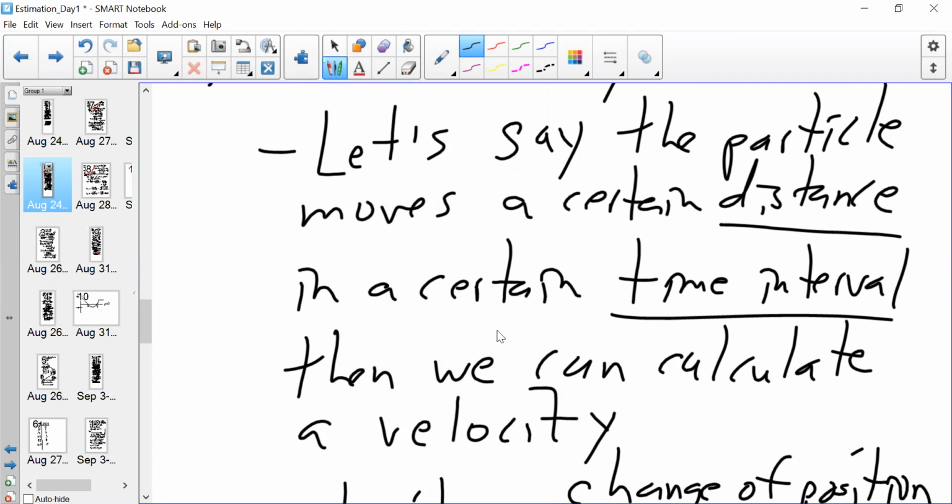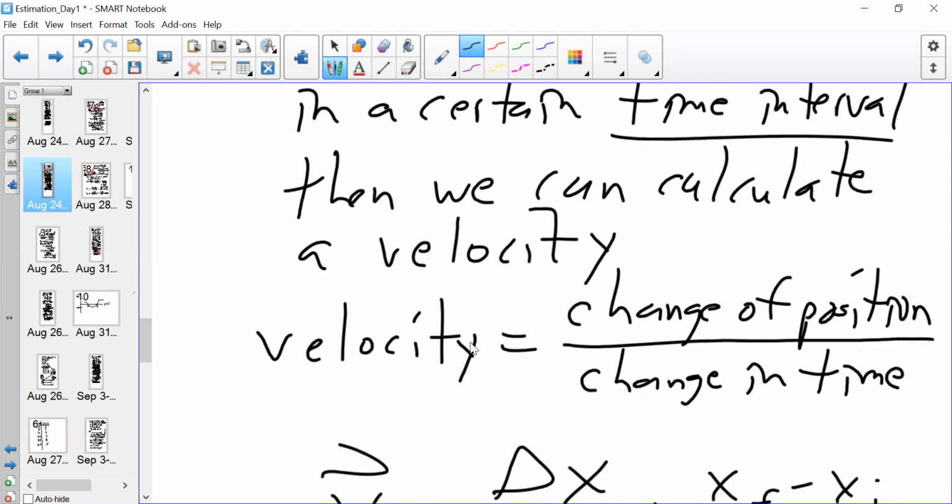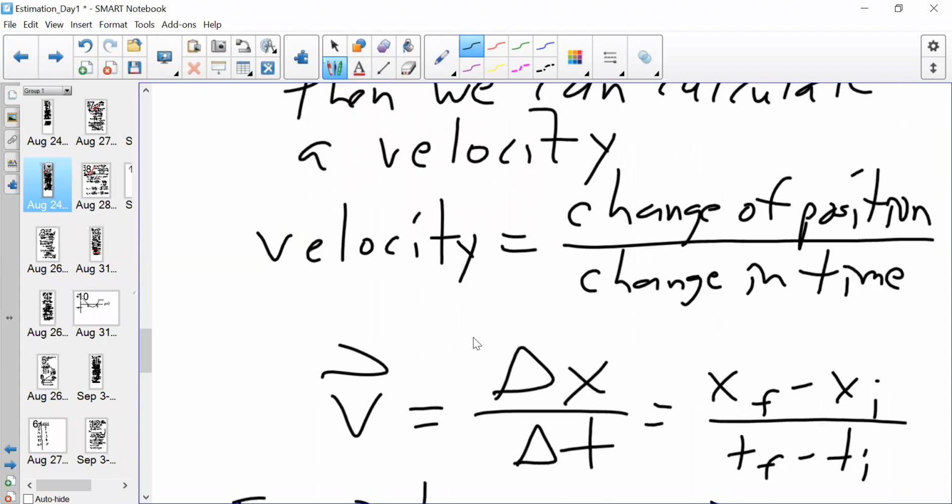V equals delta x over delta t. There's the definition of velocity in words. Velocity, change of position, change in time. And here's the equation. V with an arrow, because velocity, like displacement, is a vector. It too has a number and a direction.